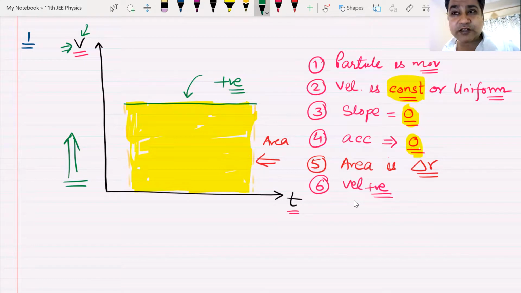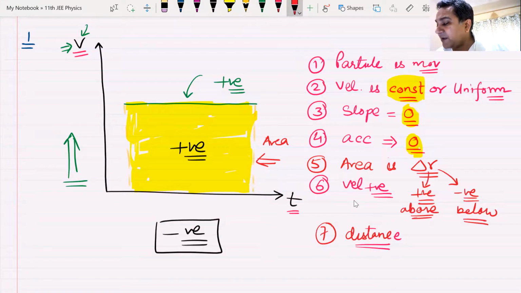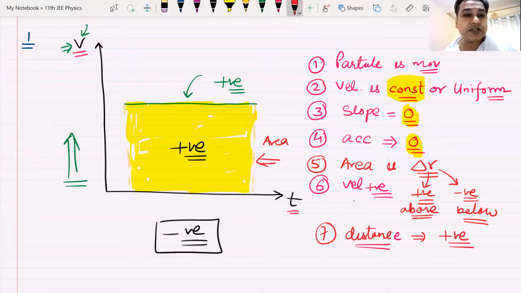To find displacement from velocity, we find the area. Area above the axis is positive, area below is negative. To find distance, we again find the area, but all areas are positive.